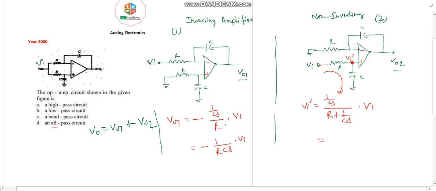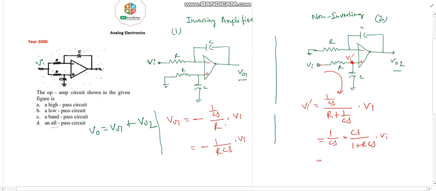Now calculating this, it will be 1 by Cs into Cs by 1 plus RCs into Vi.